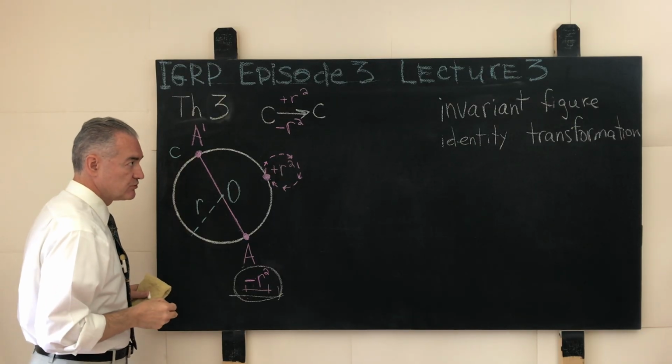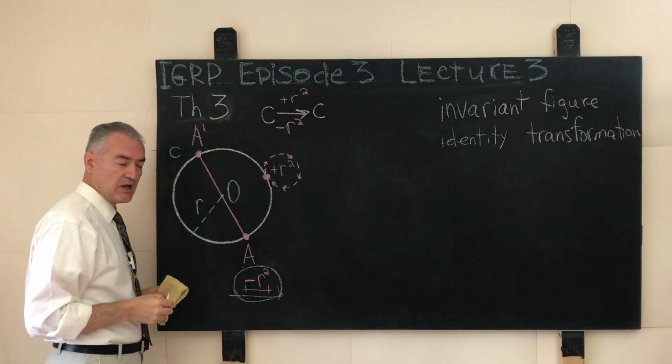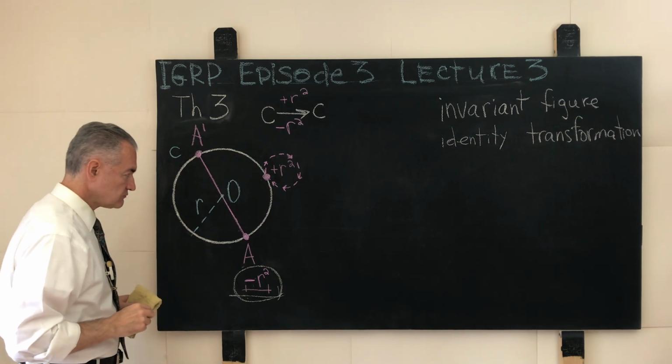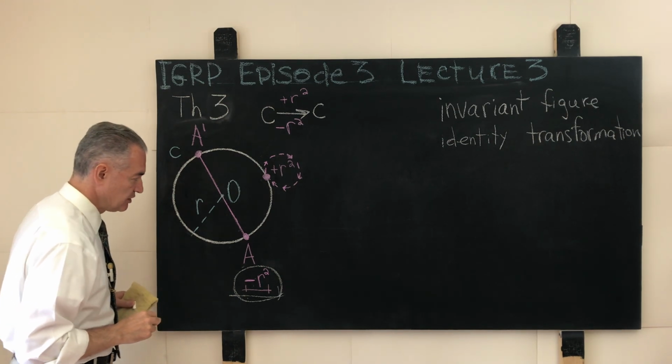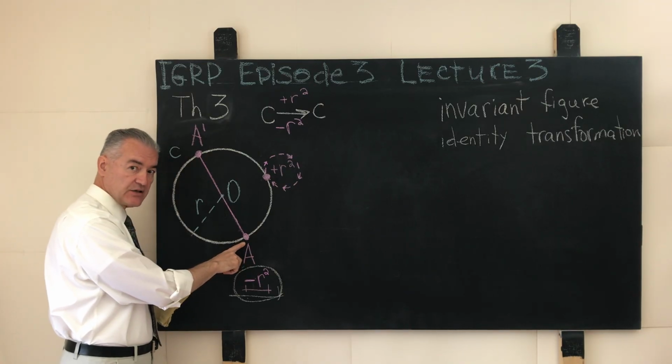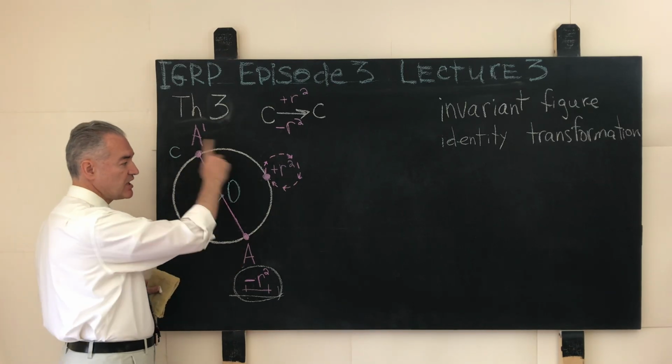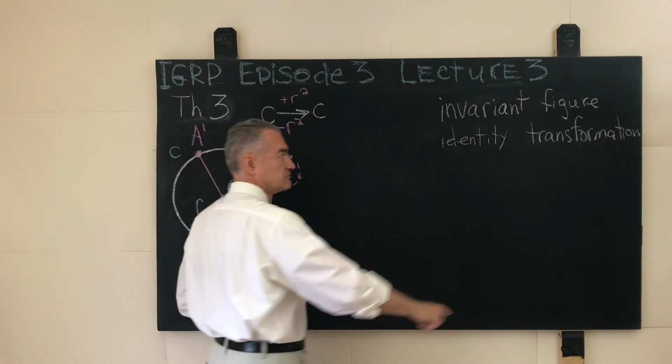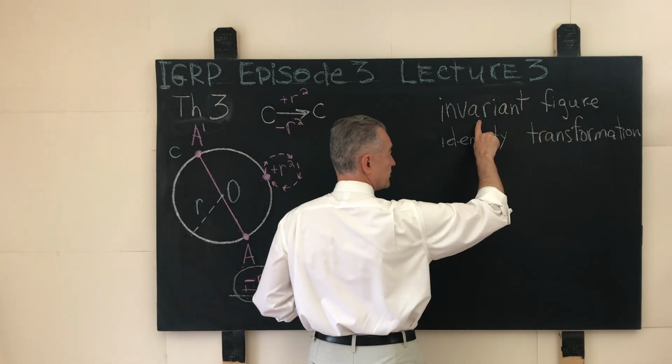And before we move on to theorem number 4, we will observe that when a given point under a transformation remains stationary, doesn't move at all, it is called fixed, and then the entire shape or the entire figure is called invariant.